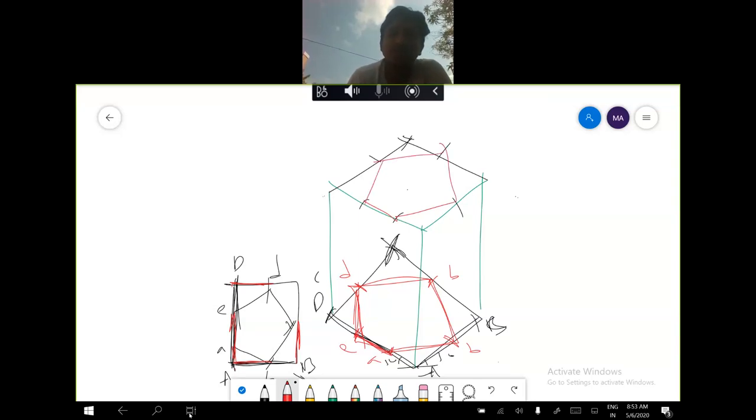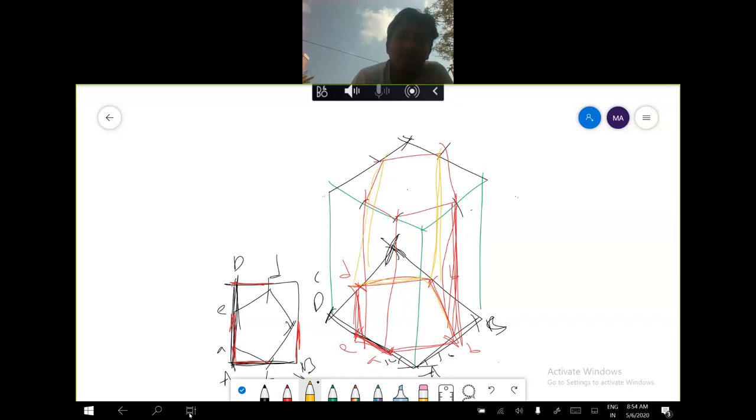Visible parts will be joined first. I am joining visible parts with a red pen. Hidden parts will be drawn with a green pen or yellow pen. These are all hidden parts. These cannot be visible. Similarly, this line cannot be visible.